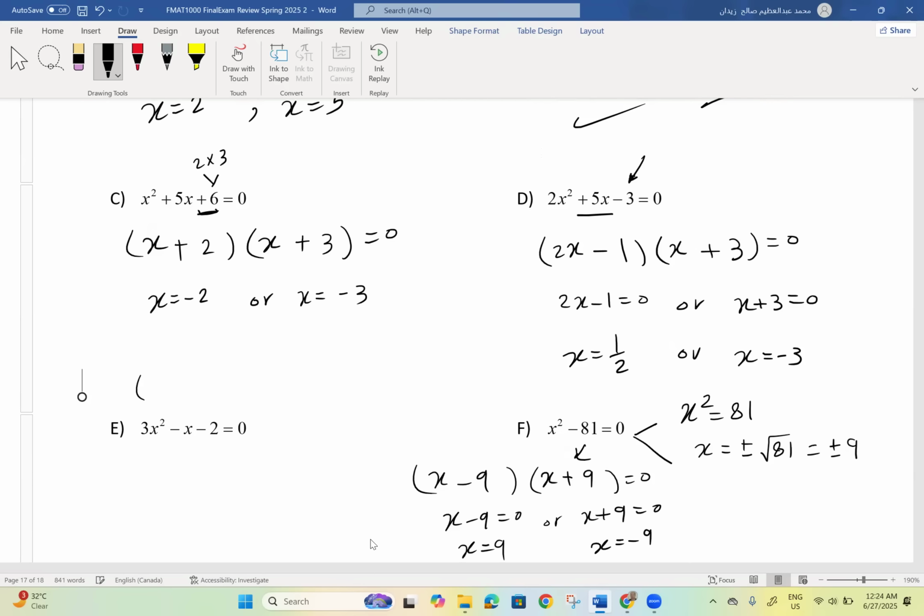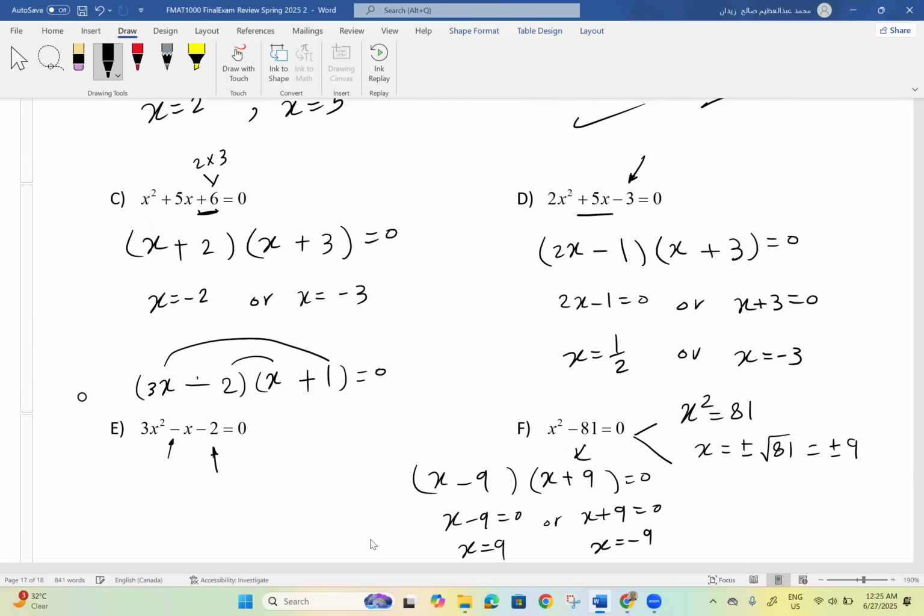This one, you factor as two prime factors, two linear factors: 3x squared is 3x times x. 2 is a prime number. Just put 2 in any one, make it plus and minus and then check the middle term. So you have, look, 3x minus 2x is 1x. Oh, the sign is incorrect.